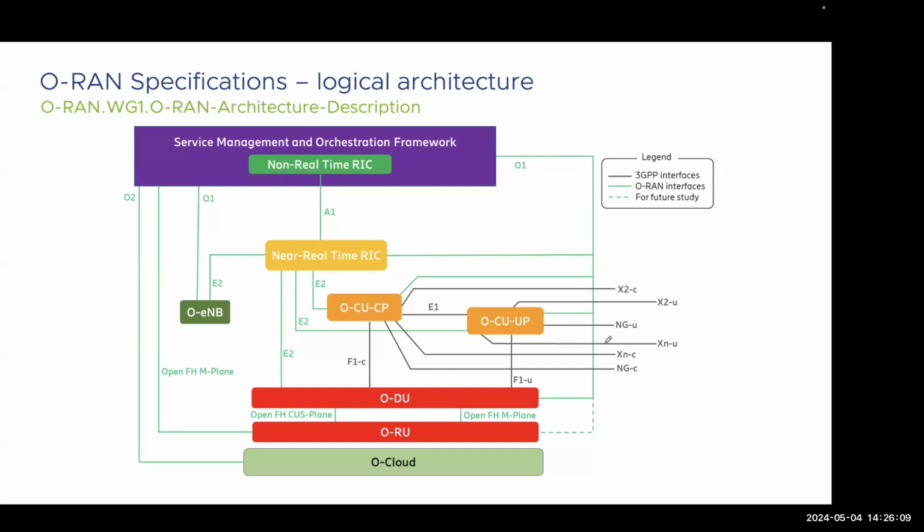Now, let us go one step further. What is exactly the reference architecture? You can think of it like the ETSI NFV reference architecture. So we agreed the baseband unit with its software will be split into the DU, distributed unit software functionality.